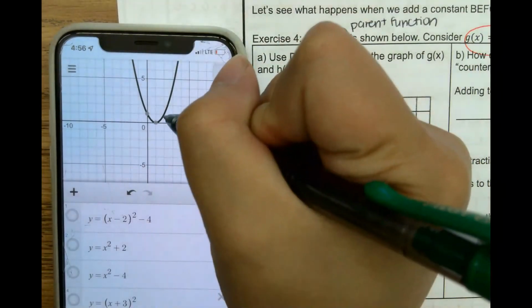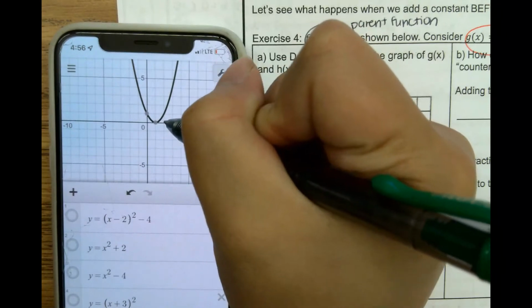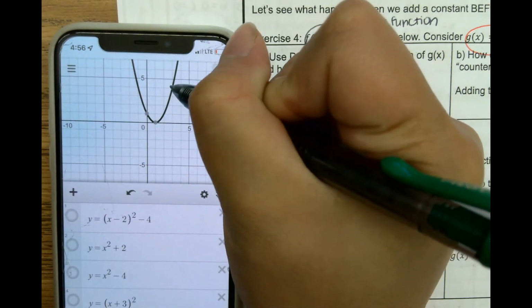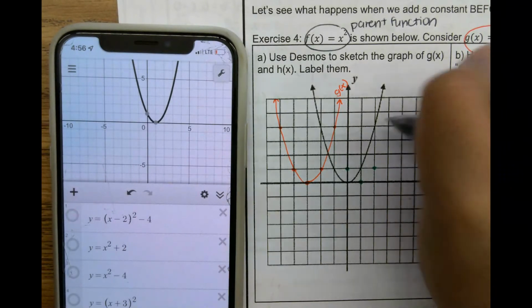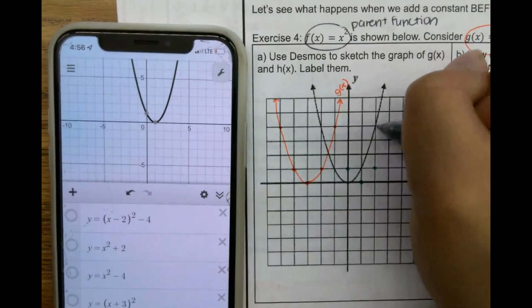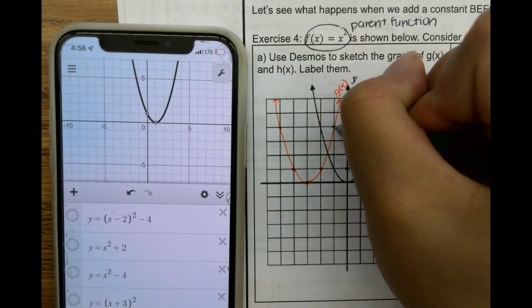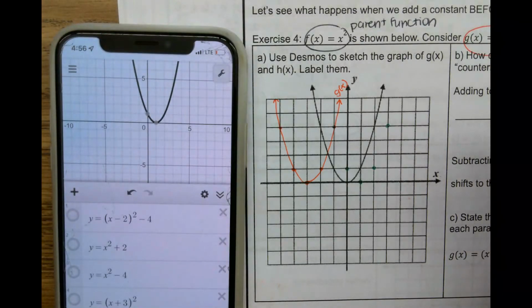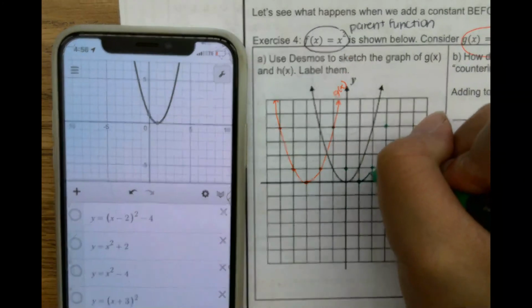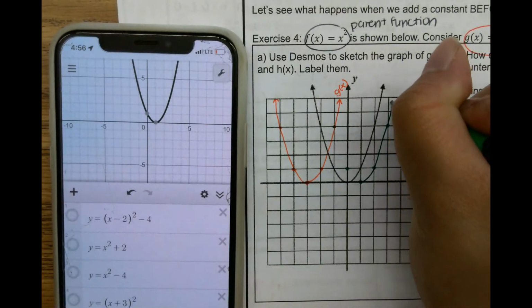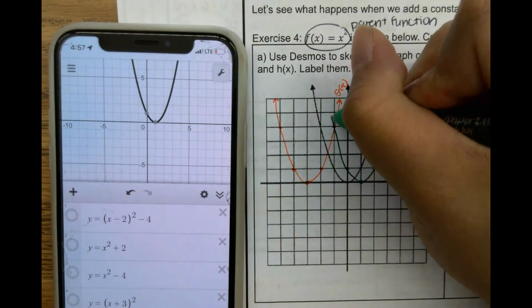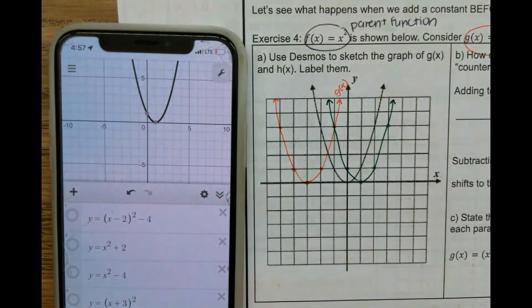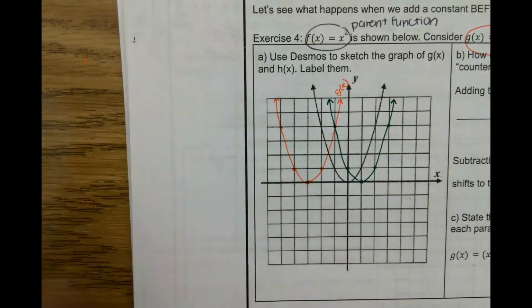Then I see 3, 4, and I mirror it over. After that, it won't fit on my graph, so let me connect the dots. And there you go. Let's put the Desmos away for now.